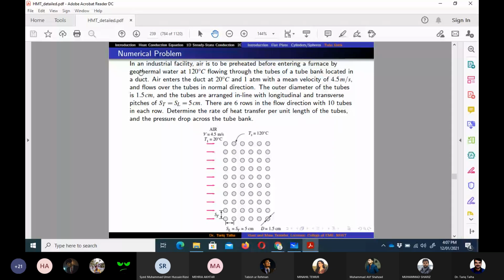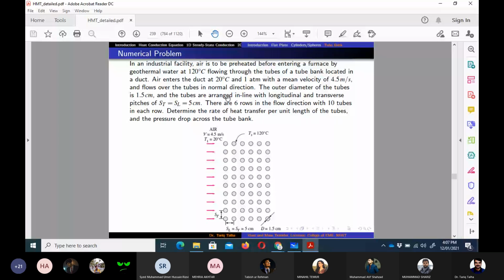So the geothermal water is flowing through these tubes, and air is coming which needs to be preheated before it can be used for combustion in the furnace.